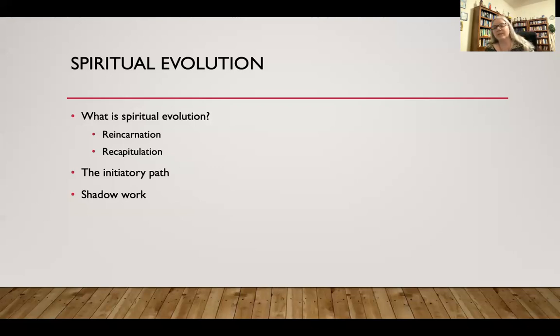Because part of what you have to do is what we call shadow work. This is using Jungian terminology, but the idea is that there are plenty of aspects of self, for all of us, that don't match our understanding of what we should be.